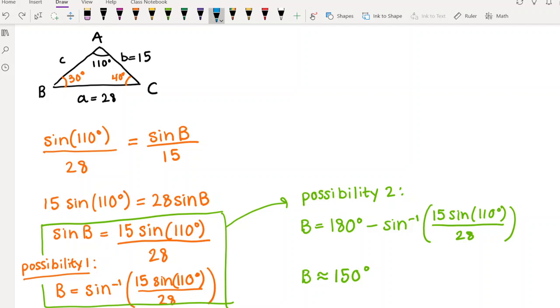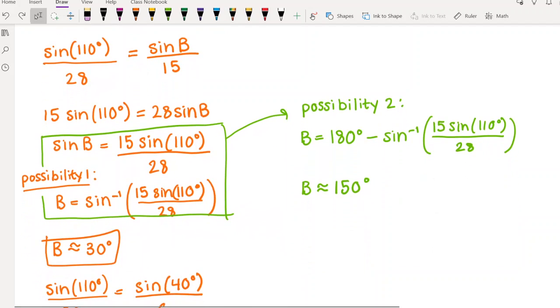We don't even need to bother with finding angle C, because angle C would be a negative angle. It wouldn't be able to exist in a triangle, because in a triangle the three angles have to add up to 180. And so if our original angle is 110 and then we're adding 150 to that, that's not going to work.